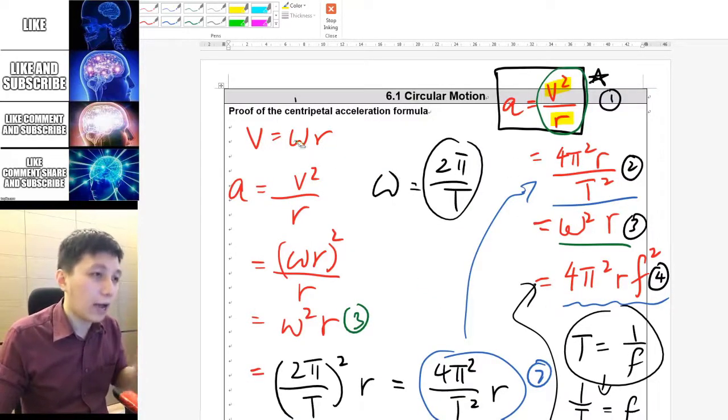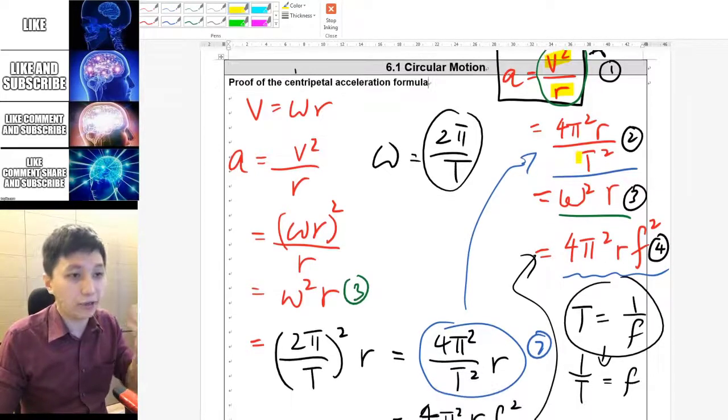Now you have learned how to derive the centripetal acceleration formula in the form of v squared over r, and then you can use it to derive the other 3 kinds of format.